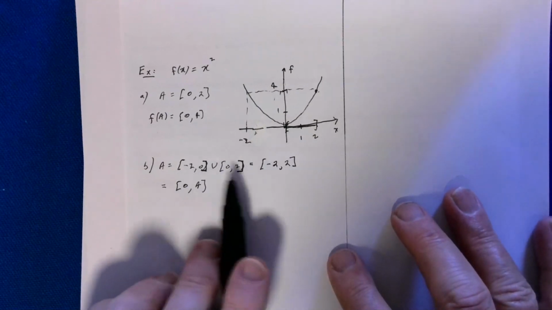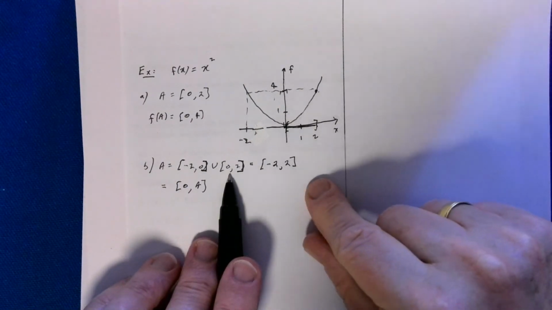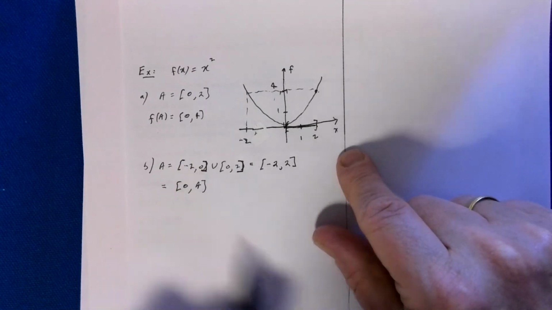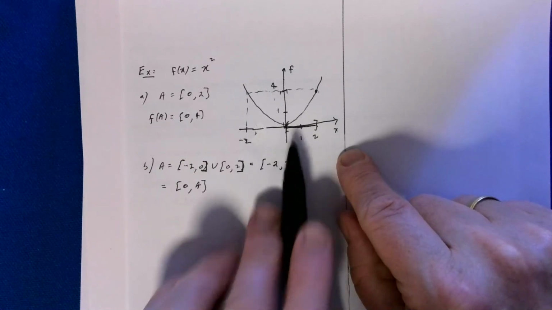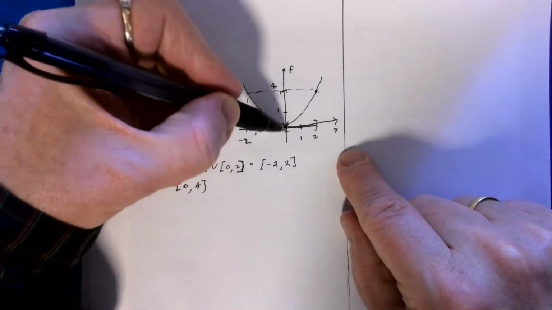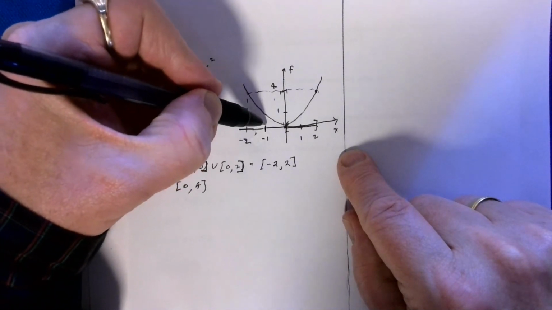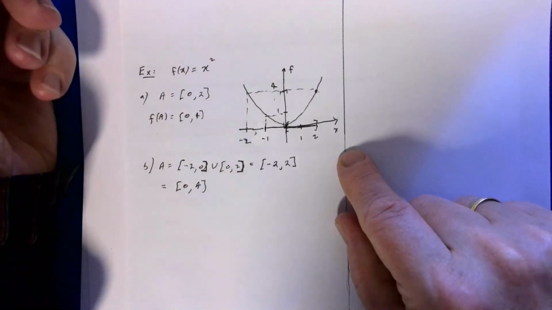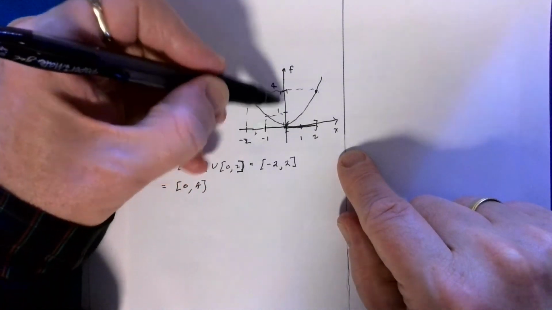You can combine these together because 0 is a common element. Anyway, if you look back to the picture, if we look at -2 to 0, if you take all the numbers in here and square them, again, they end up here. Every number in here, if you take -1, that's going to end up also at 1. Take all the numbers in here and square them, they're going to end up here on this axis.